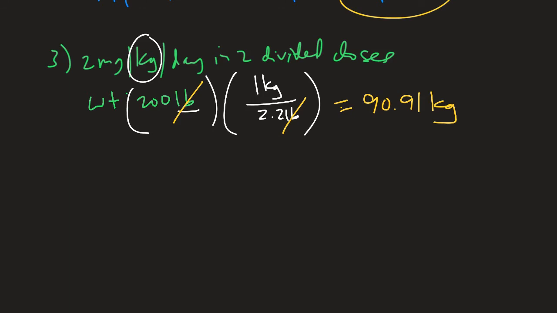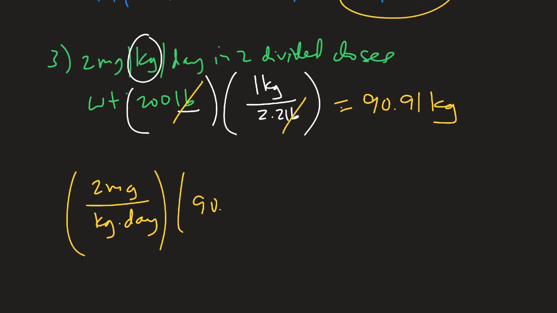So using the dose, 2 mg per kg per day times 90.91 kilograms. Kilograms cancels out in the numerator and denominator, so 90.91 times 2 gives you 181.82 mg per day.